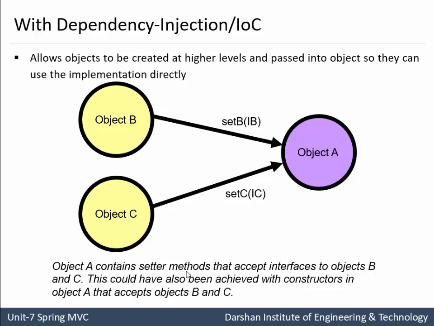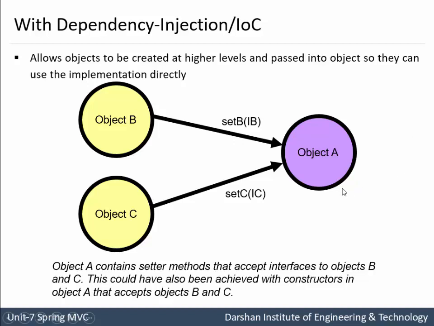Now the question arises, how to inject objects of class B and C into class A? There are two different methods. First, we can create a parameterized constructor in class A which can inject objects of B or C. Another is by using getter and setter methods.